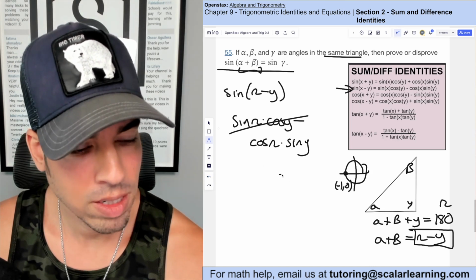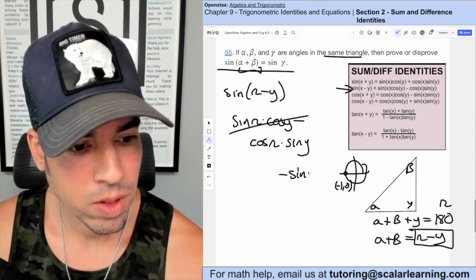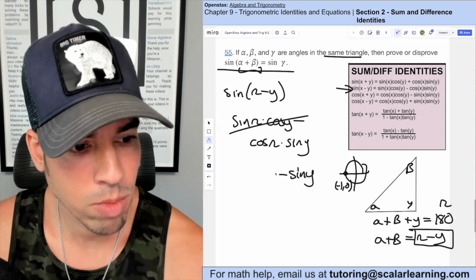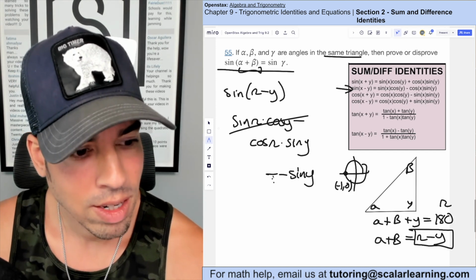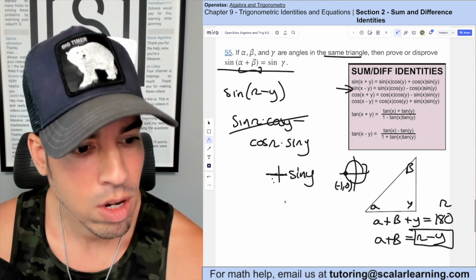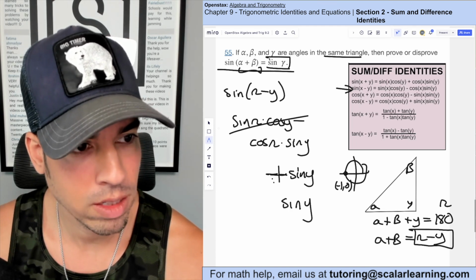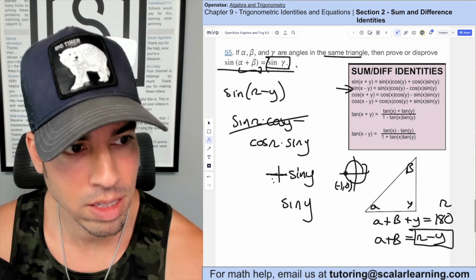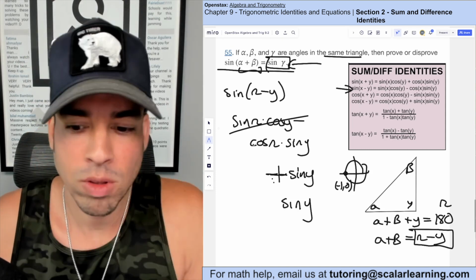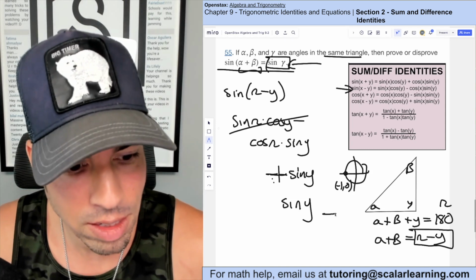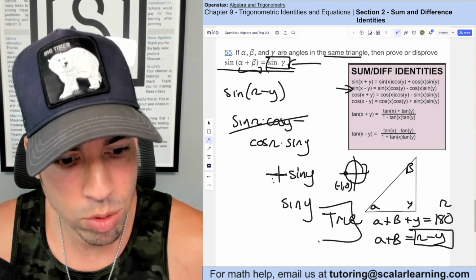So this becomes negative sine of y or gamma. And remember, there's a minus in front of that. So guess what? These end up canceling out to a plus, which means that it is indeed equivalent to this side, right? Sine of A plus B is indeed equivalent to this. So that's how you verify it. It is indeed true. Boom, done.